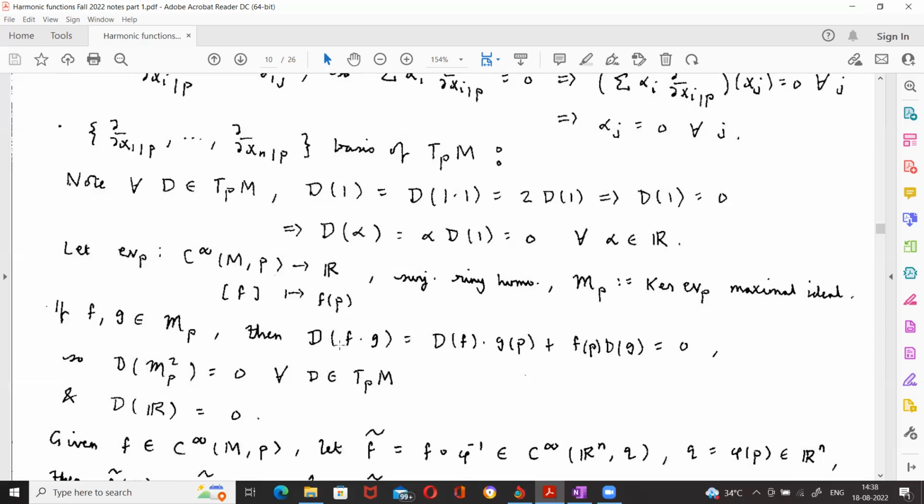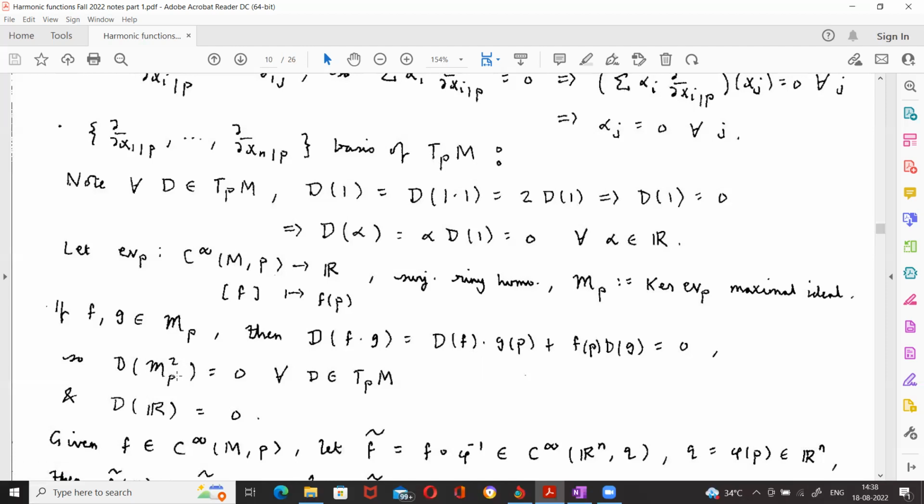And the products of functions in MP, these span the ideal MP squared, right? Yeah, elements of the ideal MP squared are of the form summation Fi Gi, right? Where Fi's and Gi's belong to MP. Yes? Yes. So that means any element of the tangent space D vanishes on the square of the maximal ideal MP.